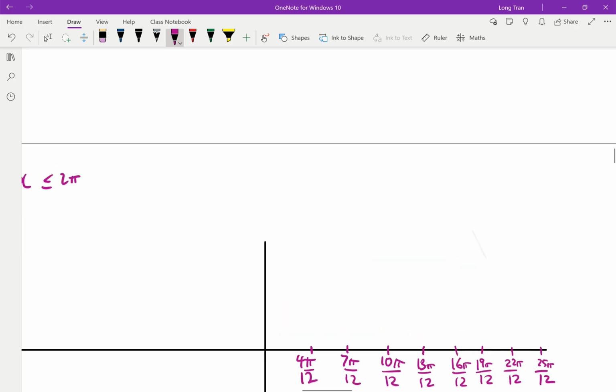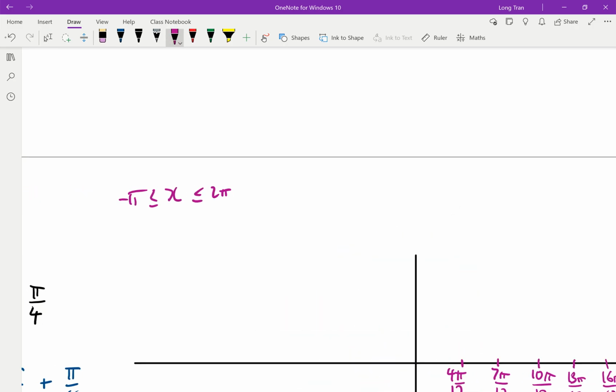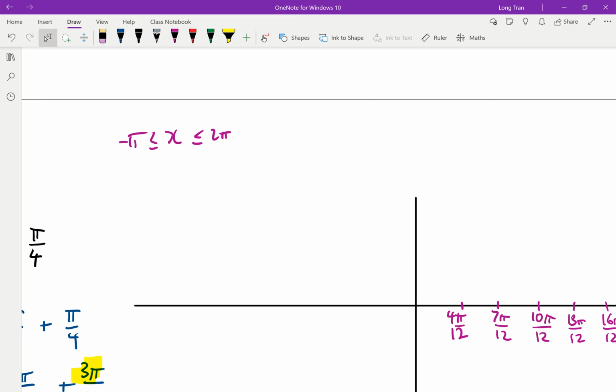And then to go the other way, we know we need to reach negative pi, which is negative 12 pi on 12. Okay, so I'm going to minus 3 again. So this is pi on 12. Minus 3 again, that's minus 2 pi on 12. Minus 3 again is now negative 5 pi on 12.